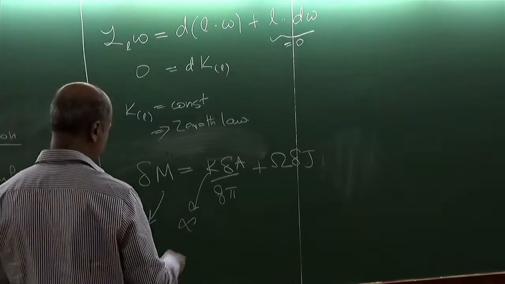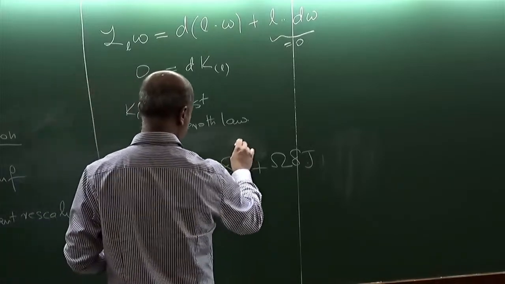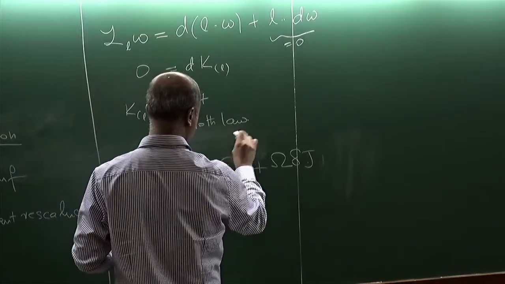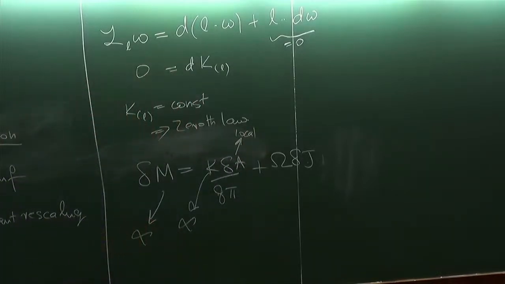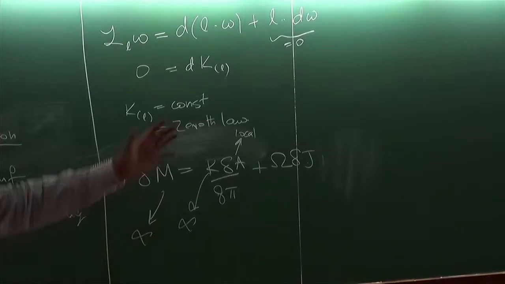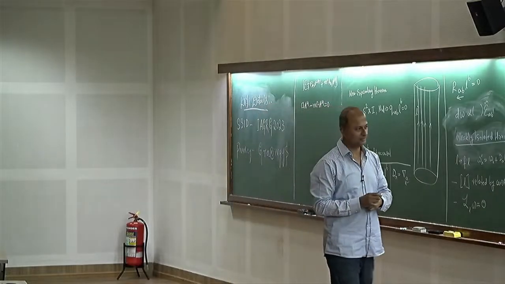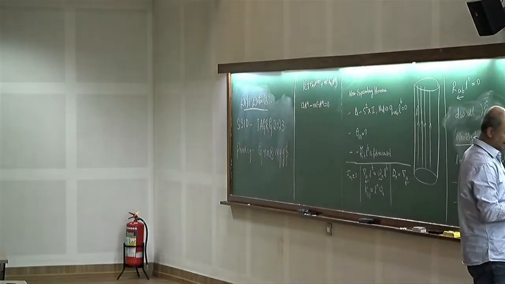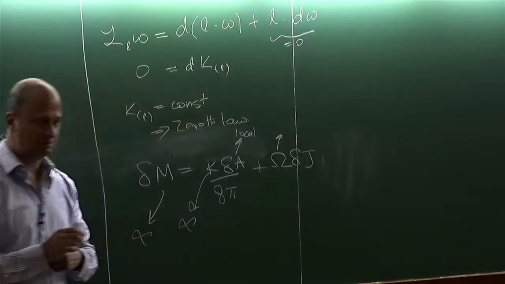The third is the area, which is completely local. I'll just call this local, because I just want to measure the area of the horizon, and I don't need any structure from infinity. The area is the area. Then Ω is the angular velocity of the horizon.